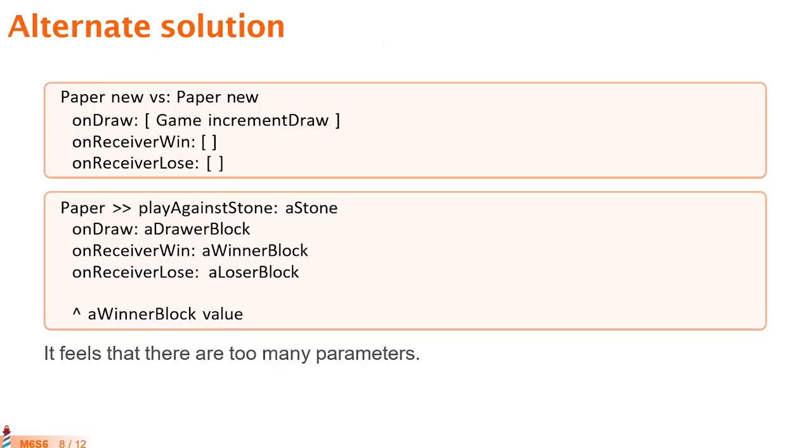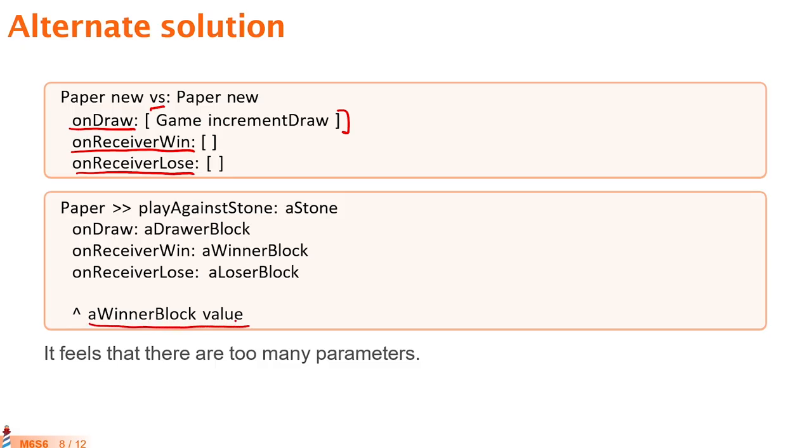Then we thought, okay, maybe we could do something else. We could have an API where we pass blocks. When I do the battle, I will say on draw, you should increment draw. On receiver, the game should increment the receiver, and things like that. We could implement it like that, and say, okay, this is easy.